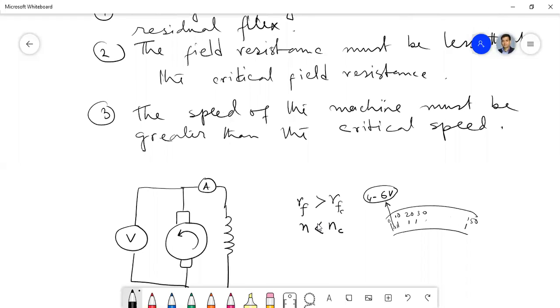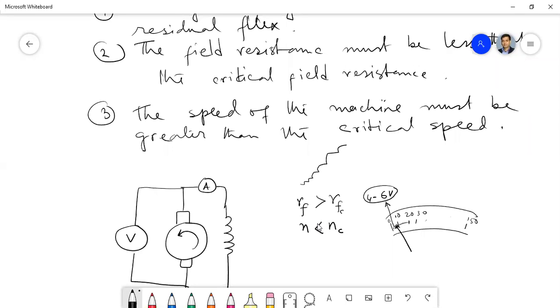But if all the conditions are okay, then what will happen? This indicator will first increase slowly, because initially the steps are very small.